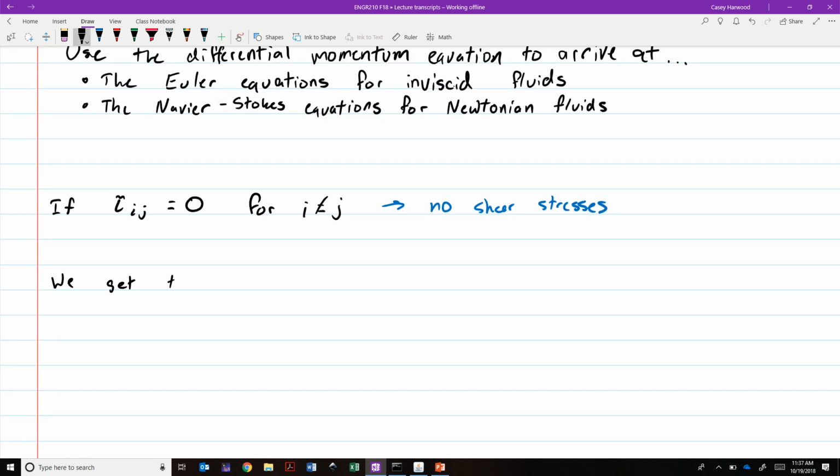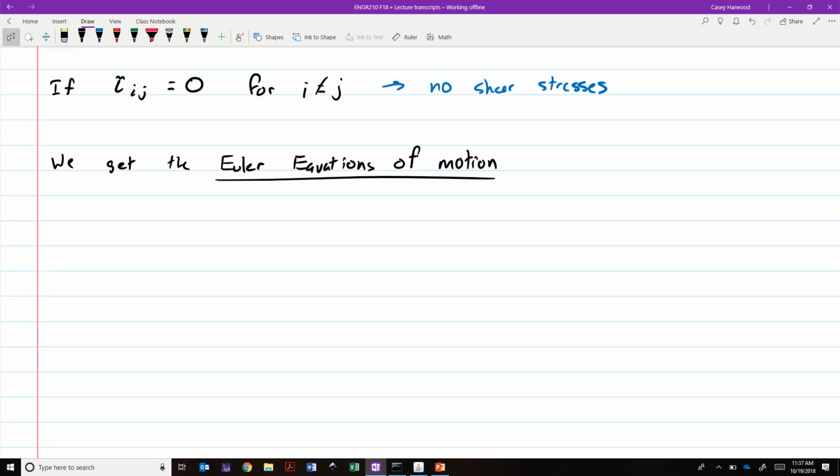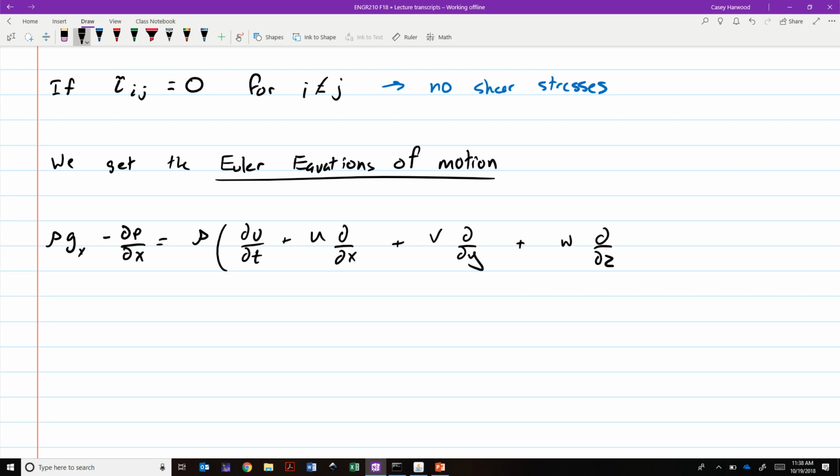We get the Euler Equations of motion. These are important equations to have written down, and the way we write them is rho g_x minus dp/dx is equal to rho times du/dt plus u d/dx plus v d/dy plus w d/dz of u.